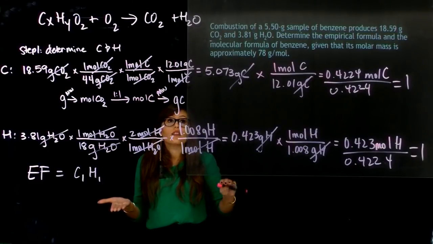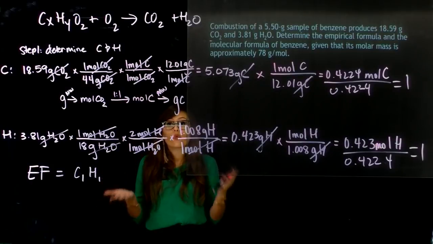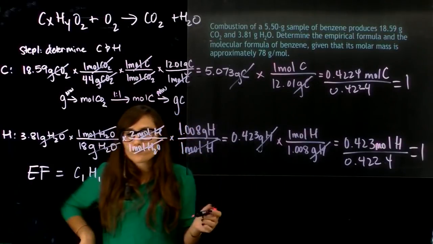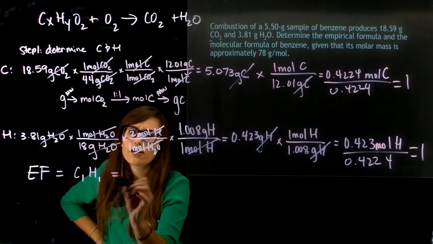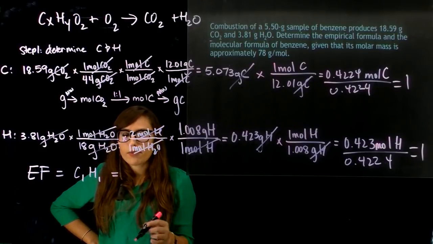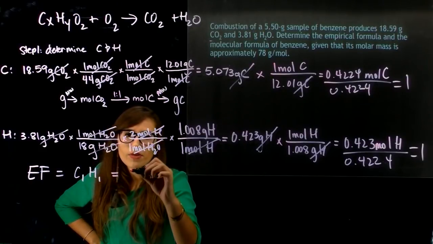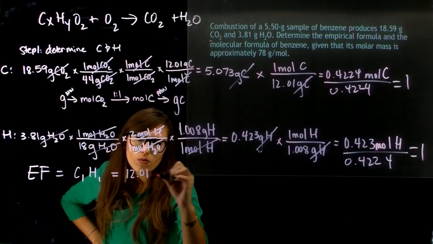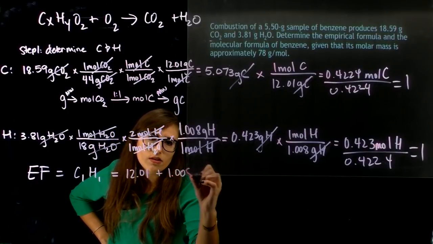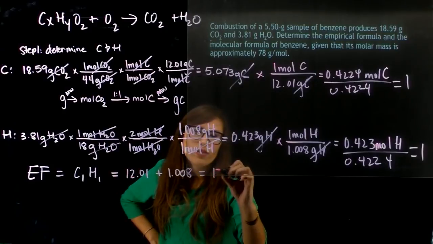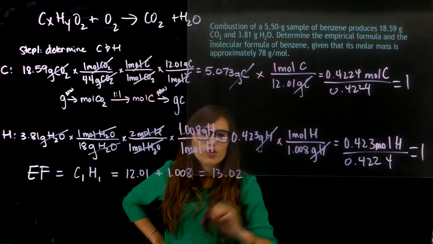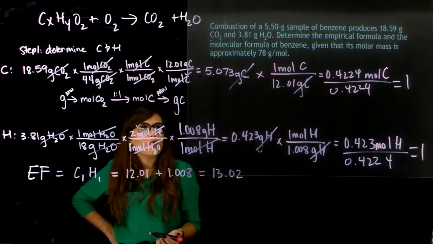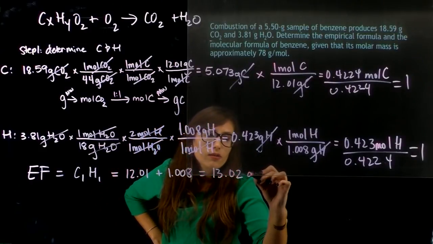In order to find the molecular formula, we have to find the ratio in which they differ. So we find the molecular weight of my empirical formula. We add up the weights of 12.01 plus 1.008, which gives us roughly 13.02 for my empirical formula for benzene.